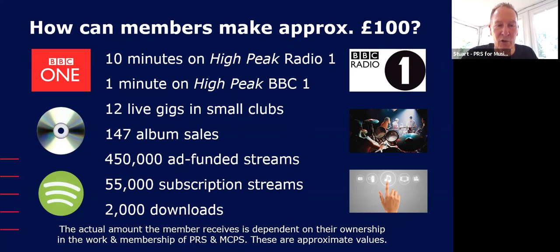So it's great if you're getting 50,000 streams, but those 50,000 streams are probably not going to generate a great deal of money for you as a songwriter. And there should not be any comparison between the money you get from your distributor and what you receive as a PRS member through your songwriting, because as said, the percentage is considerably different.